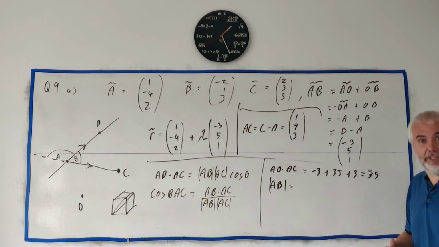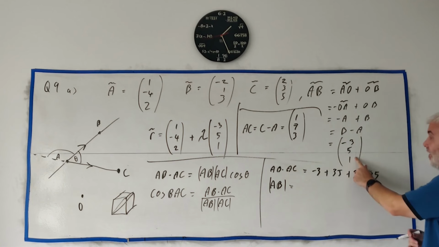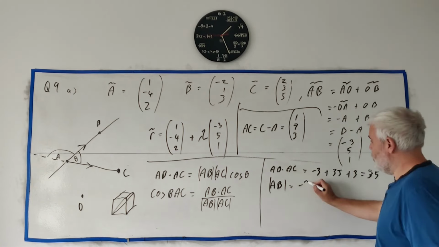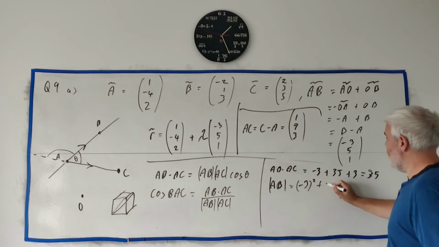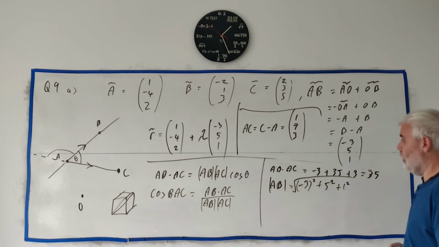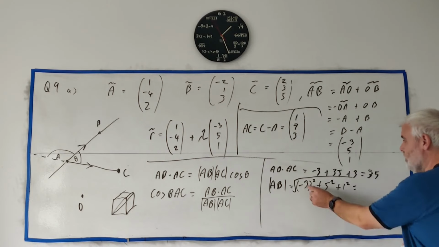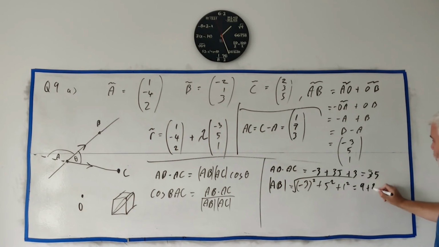You probably didn't care because you don't really need to. It's just all of this squared and added together. It's minus 3 squared plus 5 squared plus 1 squared, and the square root of all of that. That's all the length of AB is. This comes out as 9 plus 25 plus 1, square root of all that, square root of 35.